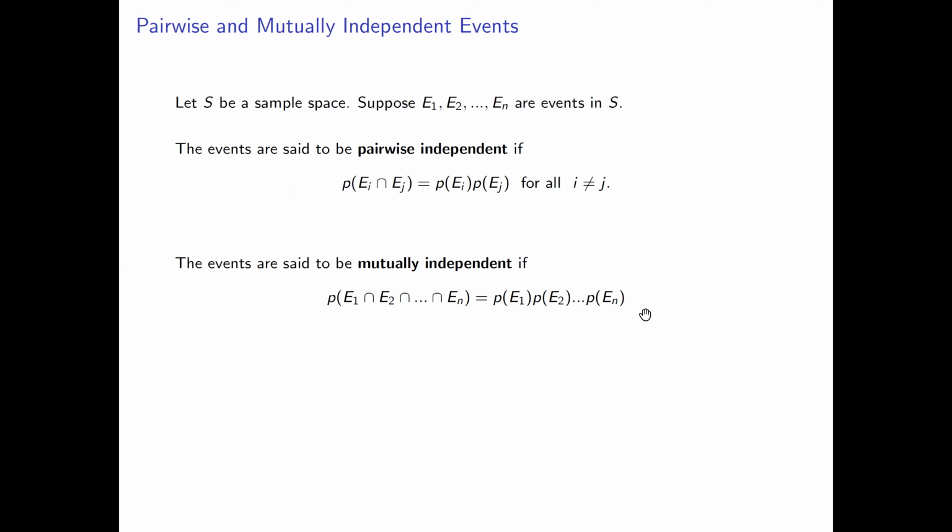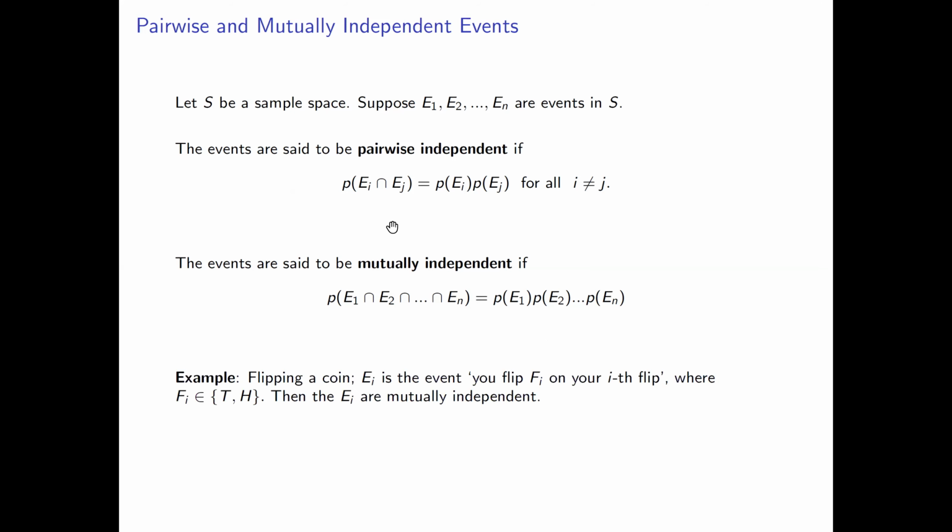So a set of events is mutually independent if the probability of their intersection is the product of the individual probabilities of each of them occurring. This is in fact a stronger condition than pairwise independence, although it's not immediately obvious that that's the case. We'll look at an example in a second.